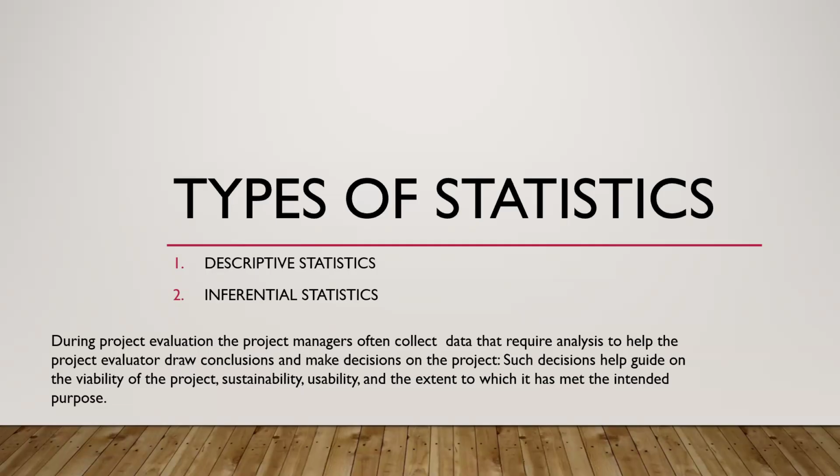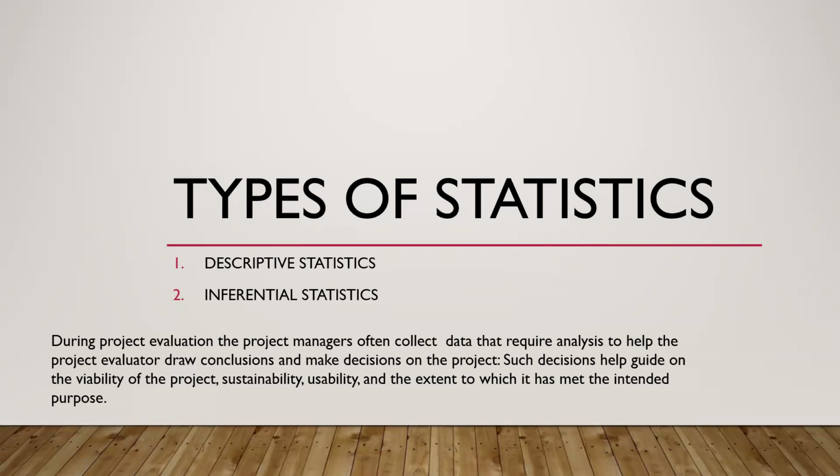Then from there, you start making a decision on the report. So we are looking at the types of statistics, okay? We have descriptive statistics, and then we have what is called inferential statistics.